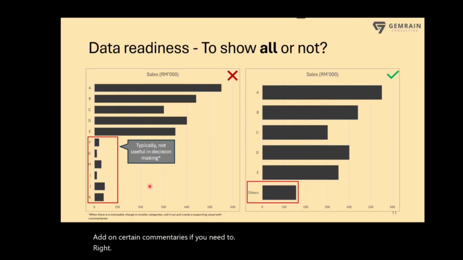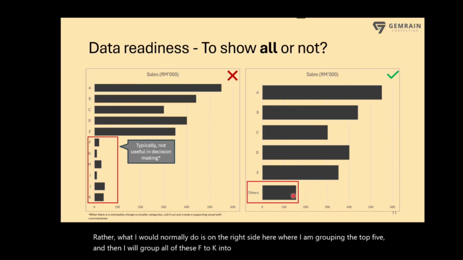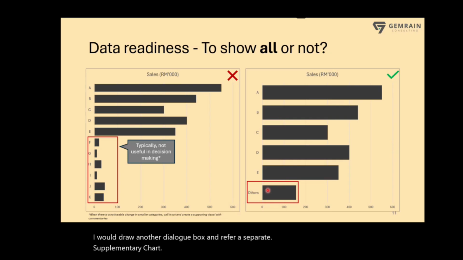Rather, what I would normally do is on the right side here, where I am grouping the top 5, and then I will group all of these F to K into others. And then if I need to highlight anything, then I would draw another dialog box and refer a separate supplementary chart to this category if I really need to do that.